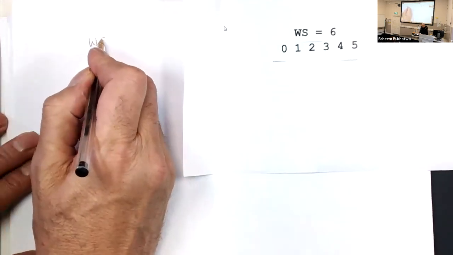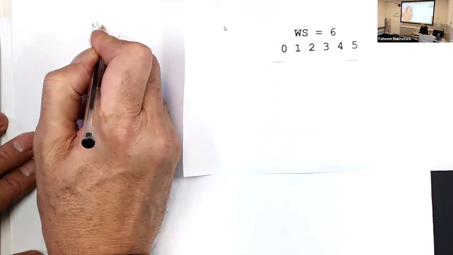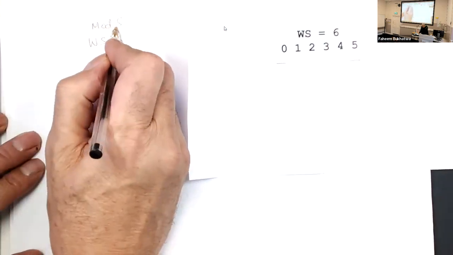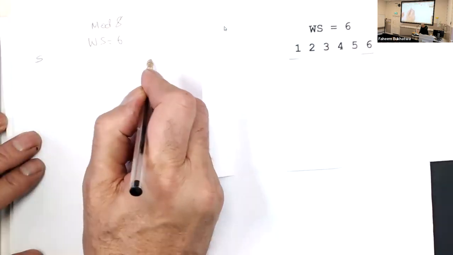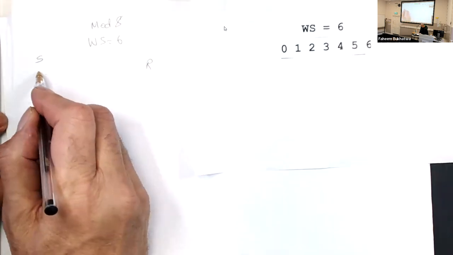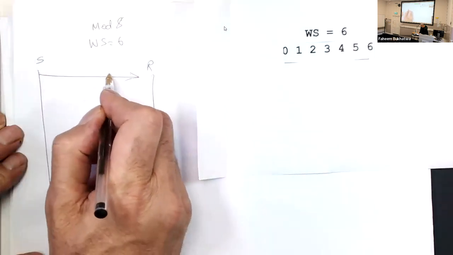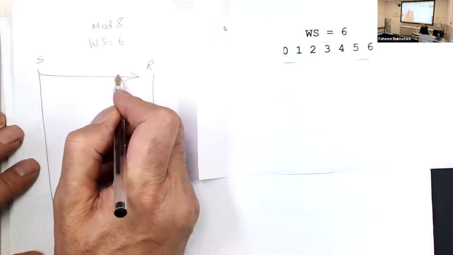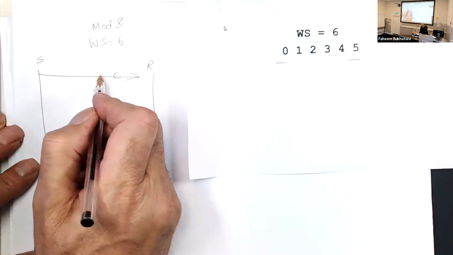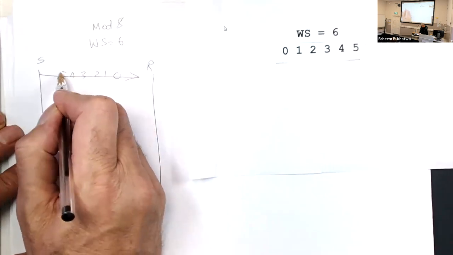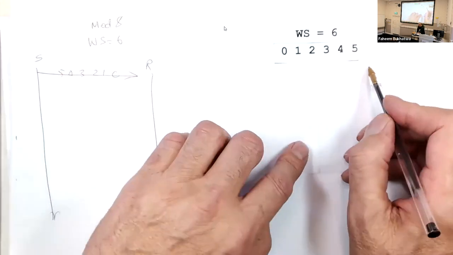So if the window size equals 6 and modulo 8, and if this is the sender and this is the receiver, the sender will send 6 frames from 0 till 5: 0, 1, 2, 3, 4, 5. And the sender is waiting to go to number 6.